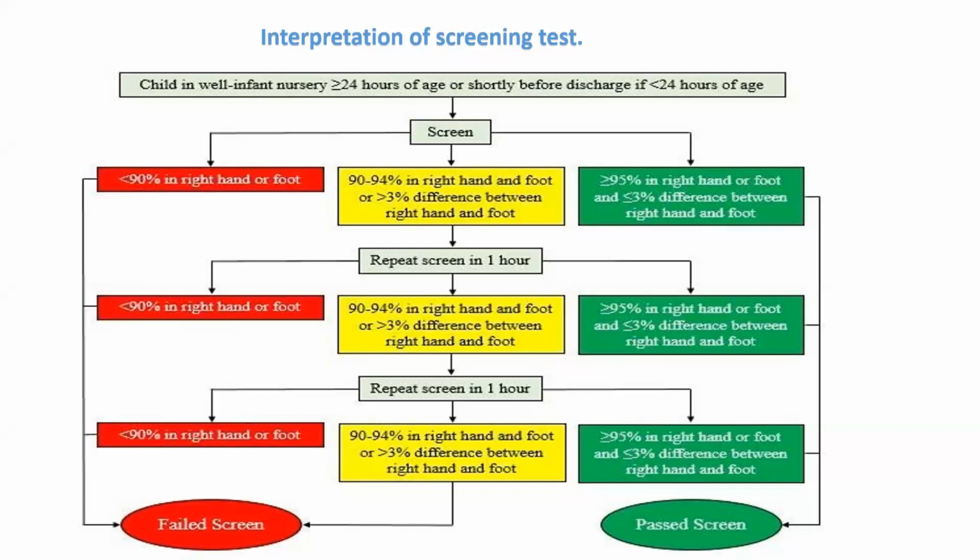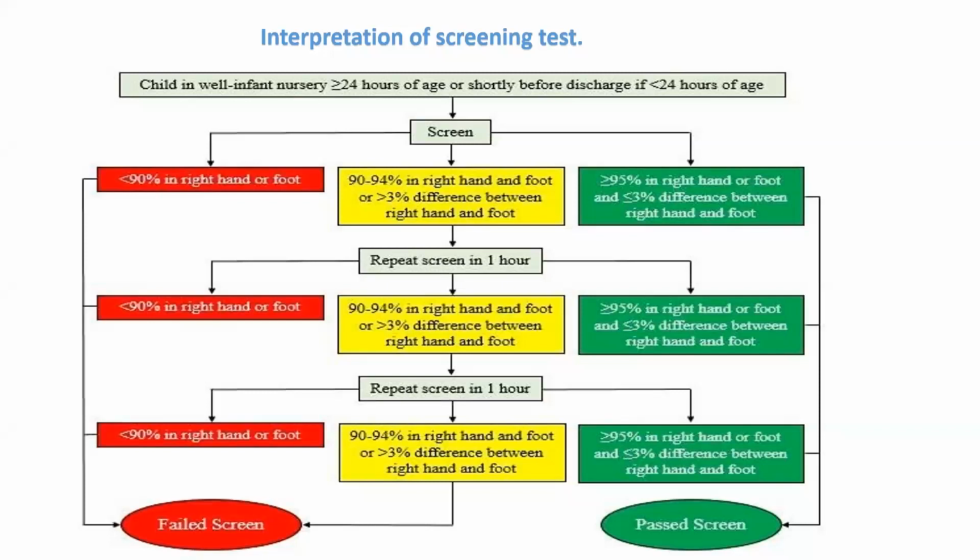If again it is the same, 90 to 94% or 3% difference, after 3 separate measurements 1 hour apart, then that one has failed the screen. If at any point it drops below 90% in either of the limbs, preductal or postductal, then that one has failed the screen and needs to be evaluated for a critical congenital heart defect.